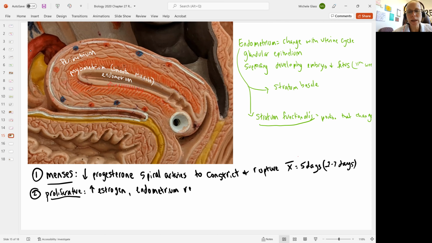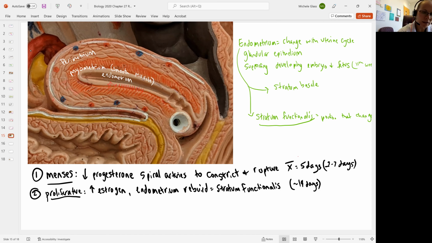We should say specifically we're rebuilding the stratum functionalis. Obviously, we haven't lost the entire endometrial layer. And we'll see that this is happening about 14 days or so. This is going to stop at ovulation.